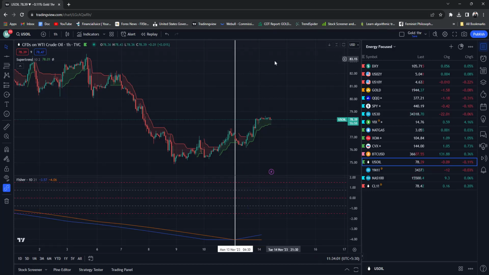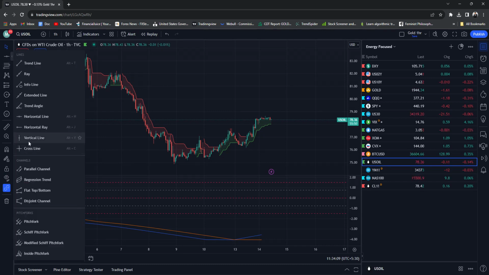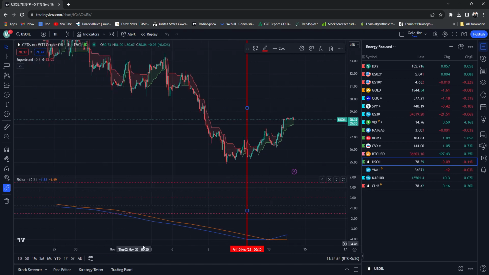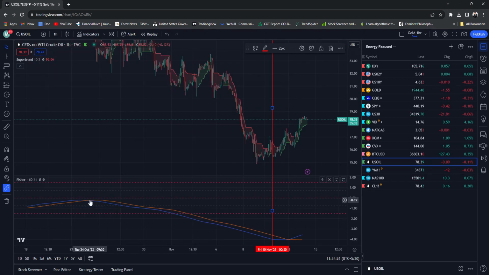Now let's go to maybe another example which didn't work as well. This is the short trade, which obviously didn't work very well. As you can see, the Fisher is very bearish for a long period of time. If we go back, it has been this way since the 24th of October.